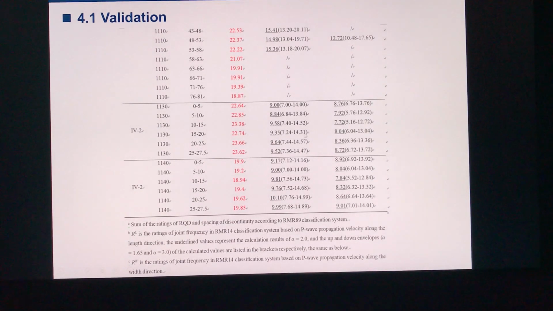In the literature, the joint frequency and the joint conditions are described in detail, and we can give the ratings of the joint frequency and also the ratings according to the P-wave propagation ratio.